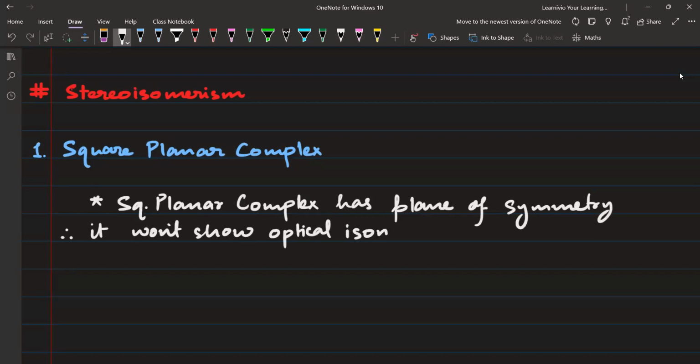Therefore, it won't show optical isomerism. ठीक, I will explain points.